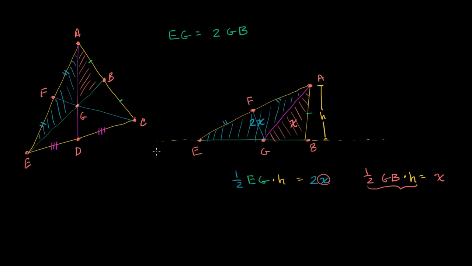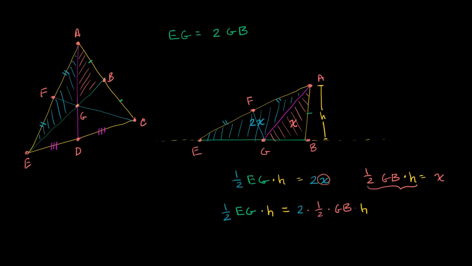We get 1/2 times EG times h is equal to 2 times x. But instead of x, I'm going to write 2 times 1/2 times GB, the base of the smaller triangle, times h.